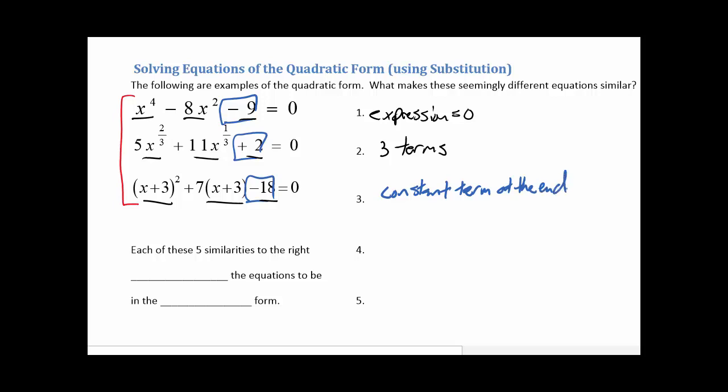All right. Then it gets a little on the creative side. What about other things they notice? Some students will point out that when you look at the first and the middle terms, they all have the same base of some kind. So the variable and base is the same in the first and second term.